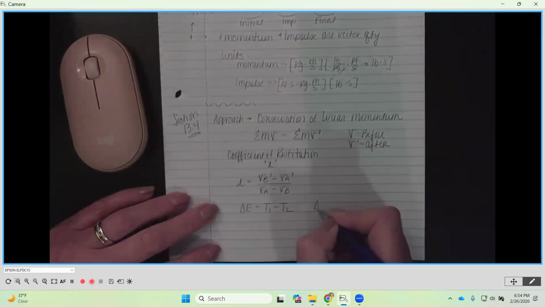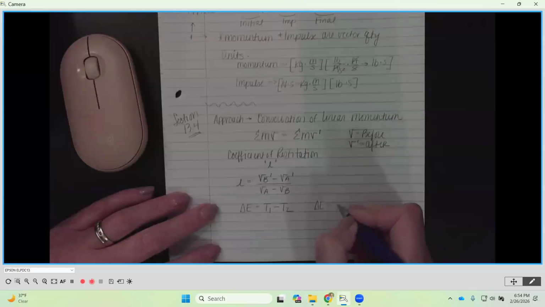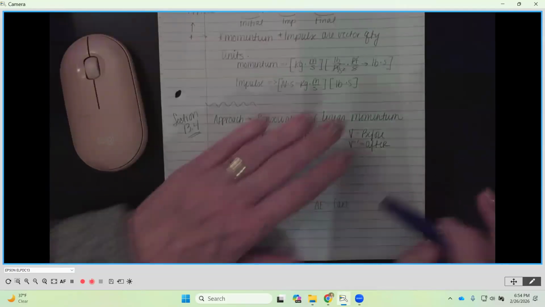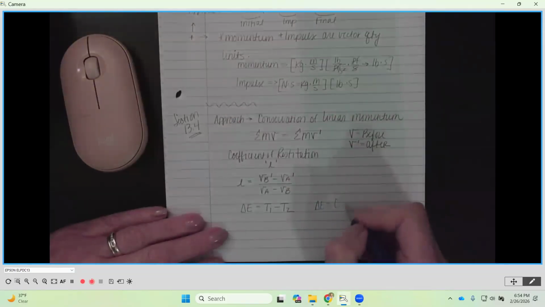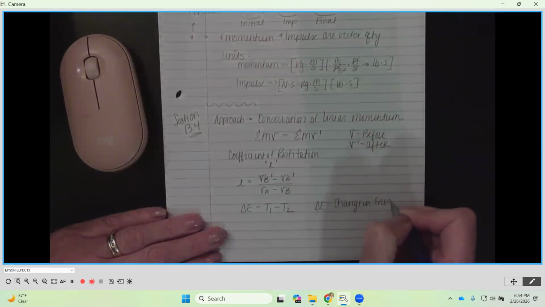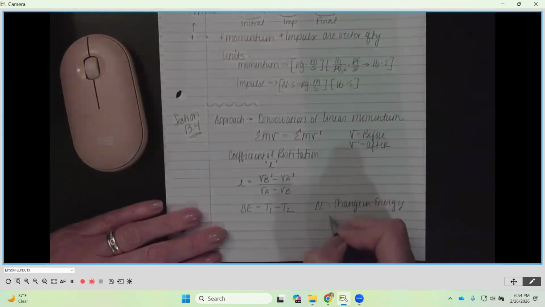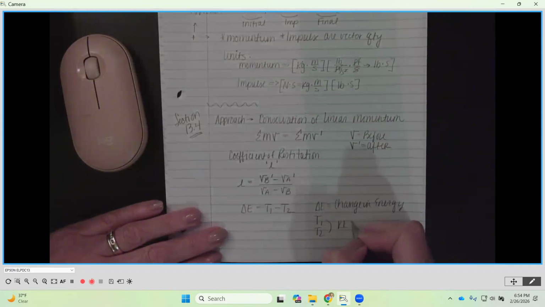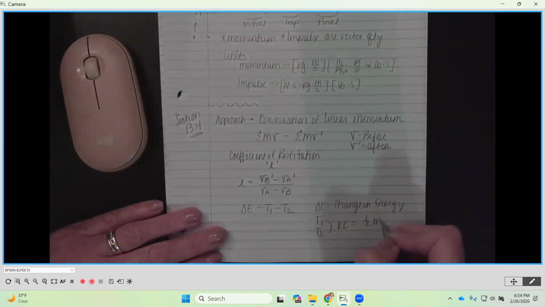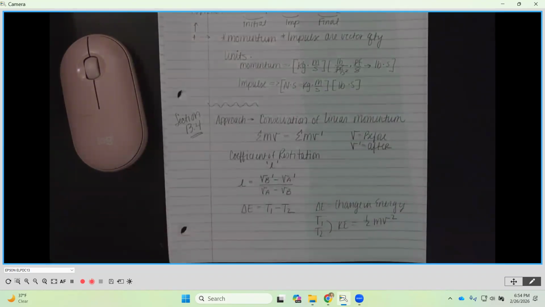And so change in E is going to be, let's see, change in energy, and T1, T2, we know to be kinetic energy, which are equal to 1/2 mv squared.